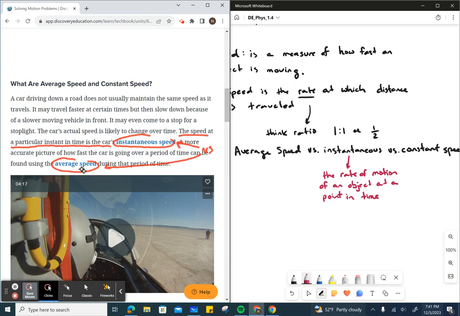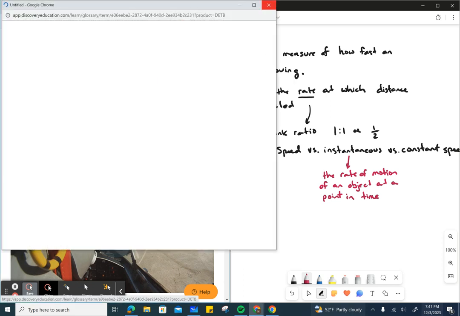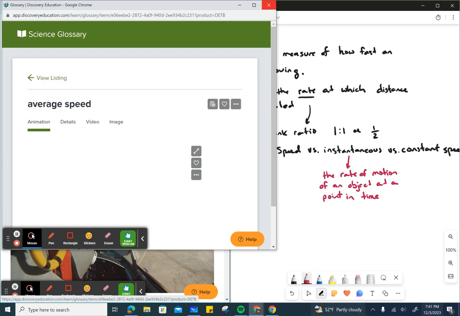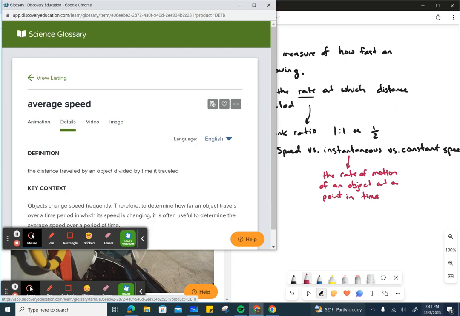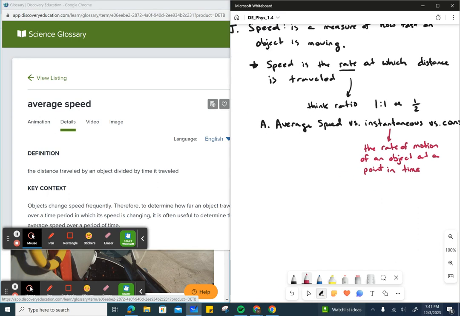Versus, say, average speed. What is average speed? The distance traveled by an object divided by the time it traveled. Okay. Let's write this down.